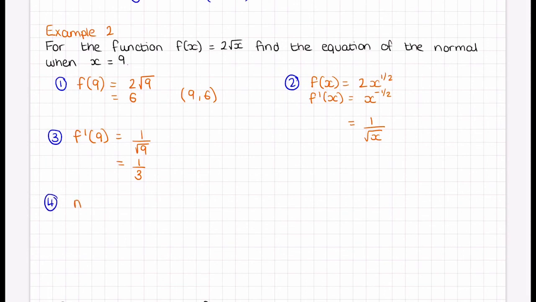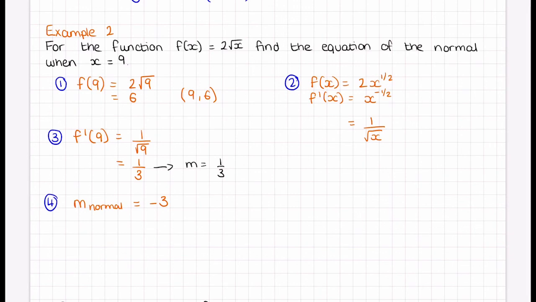So our gradient of the normal will equal negative 3. Now the reason for that is in step 3, we worked out that m equals a third. Now because this is positive, our gradient of the normal will be negative. You switch the signs and then you flip the fraction. So 1 over a third becomes 3 over 1, which is just 3.